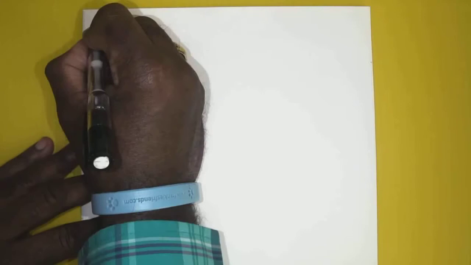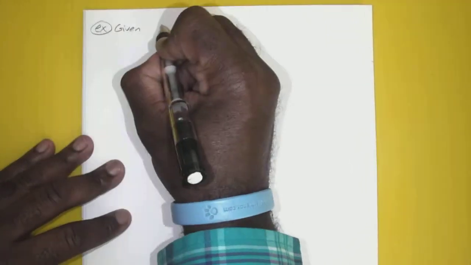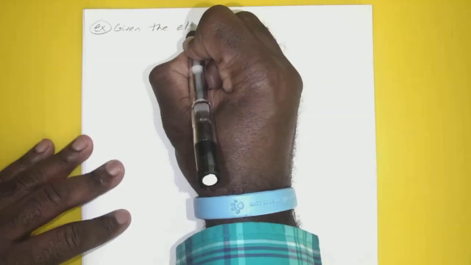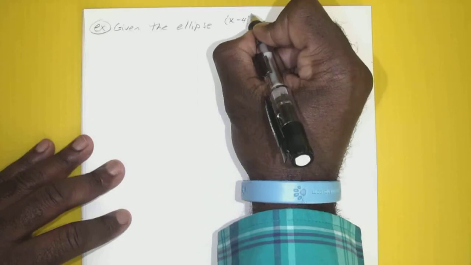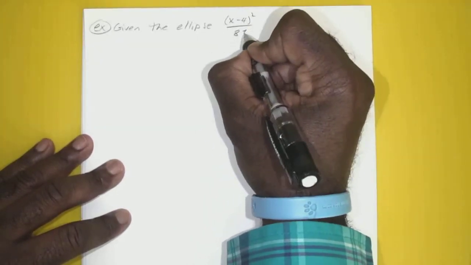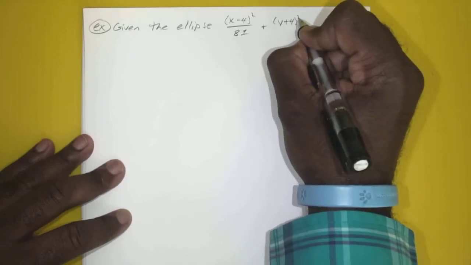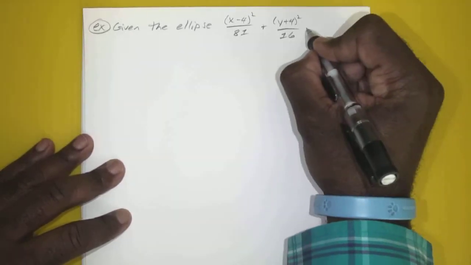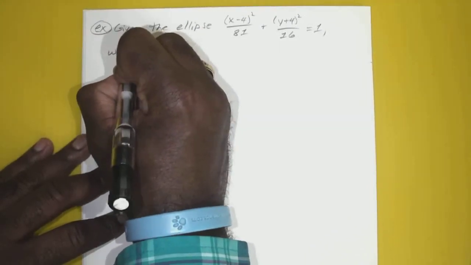Right, so let's say this time we're given the ellipse x minus 4 squared over 81 plus y plus 4 squared over 16 equals 1. What are the vertices and covertices?